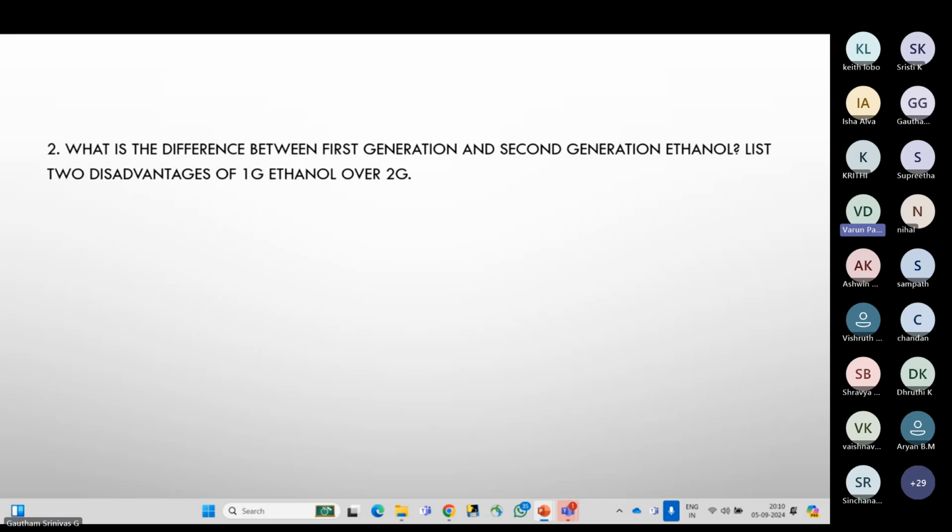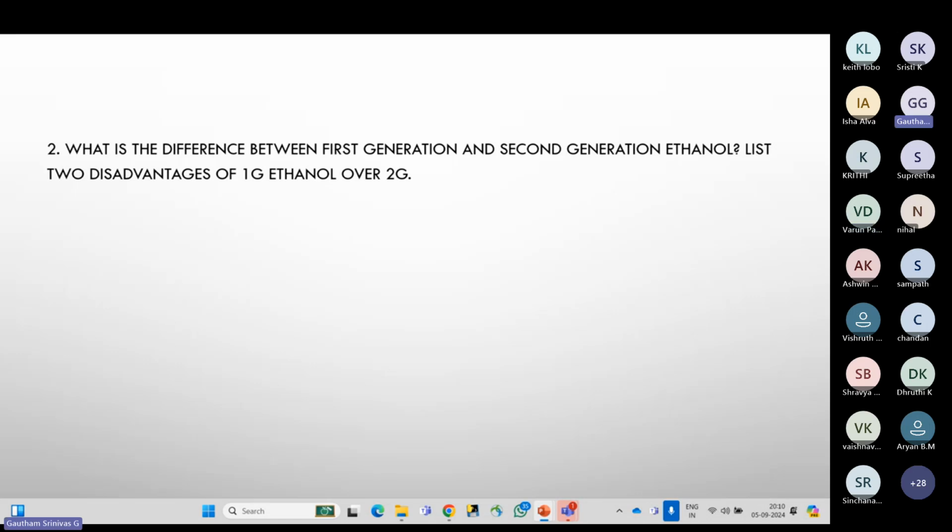So if we use rice for 1G ethanol production, it has already contributed to global warming through methane when it grows. So 100% of that impact comes to the ethanol. So you're not exactly sure if it is green anymore, right?